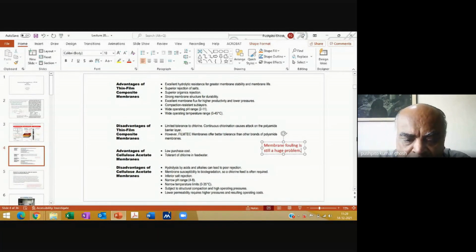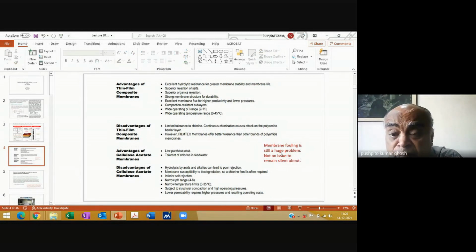And I'll put again, not an issue to remain silent about. This you have to confront hands-on. So if you want to know what is a really great area to work on, I will say try to make anti-fouling membranes.